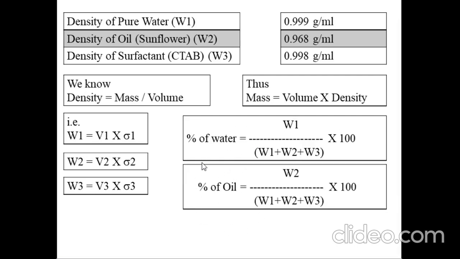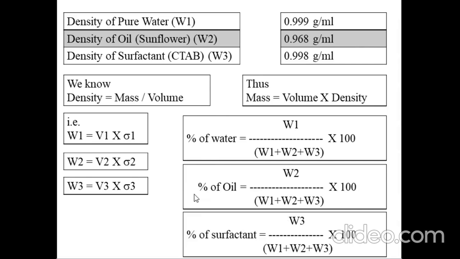Similarly, you have to determine what is the percentage of oil and what is the percentage of surfactant. So, I have used a simple formula to calculate the percentage of all the three components from the available data for the three components, that is, you have the volume, you have the density.